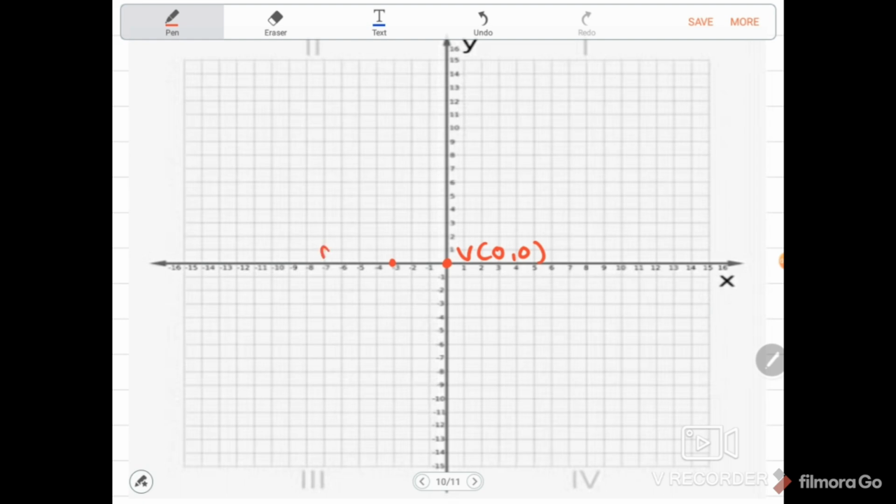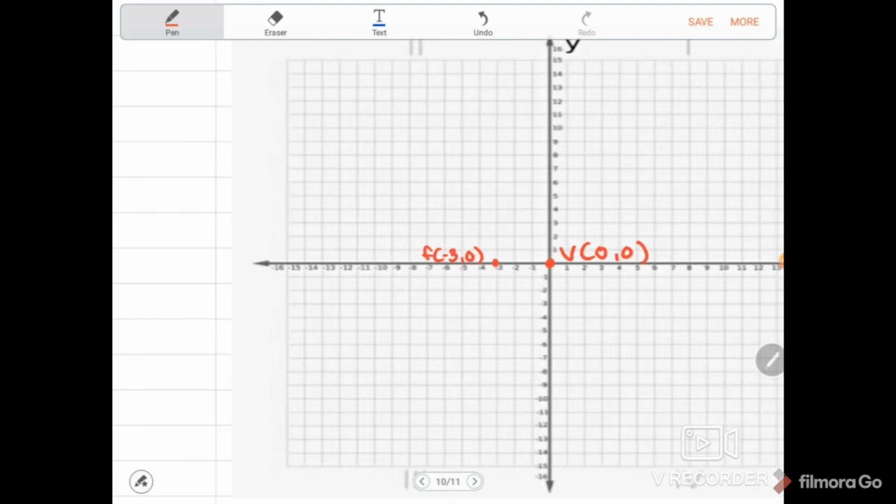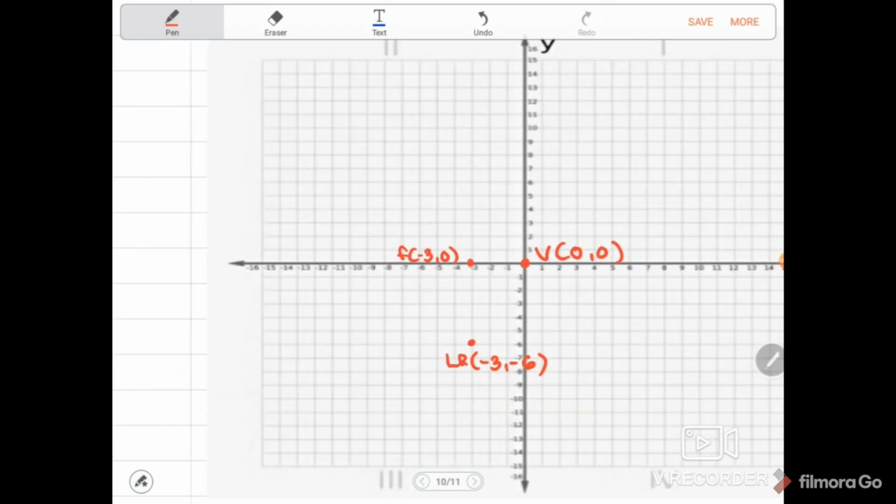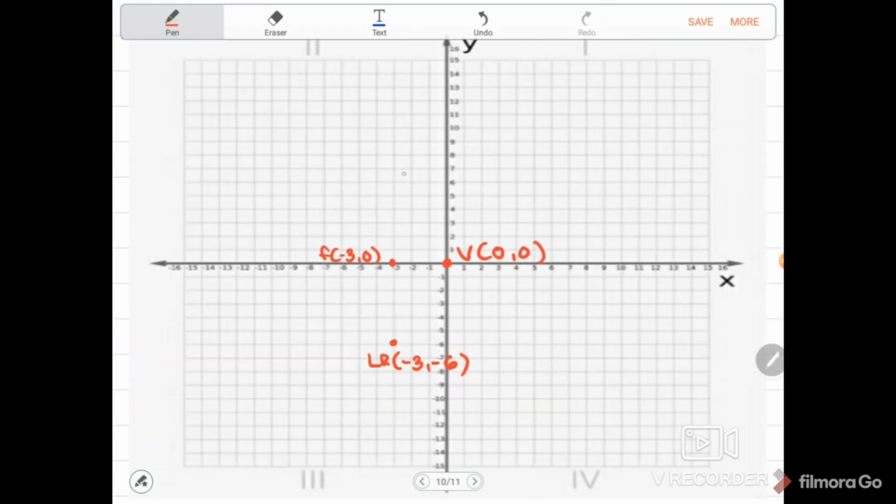Next, end of latus rectum natin. Negative 3 and negative 6 nandito. Then, the other latus rectum, negative 3 and 6. Negative 3 and 6 nandito.